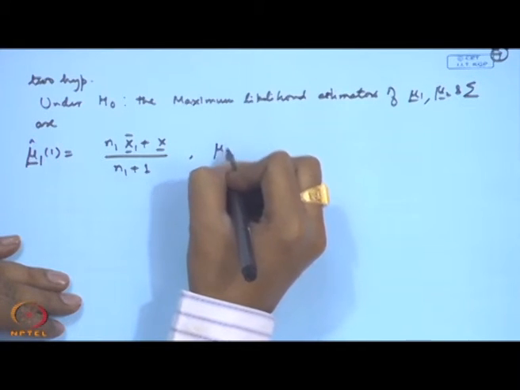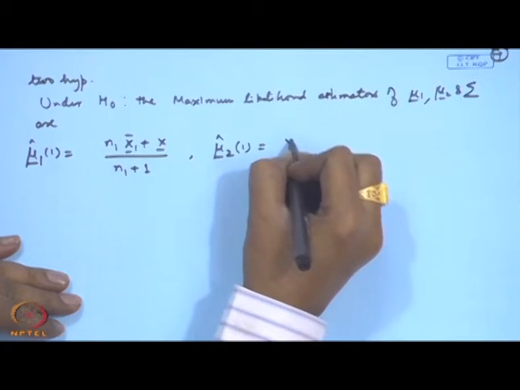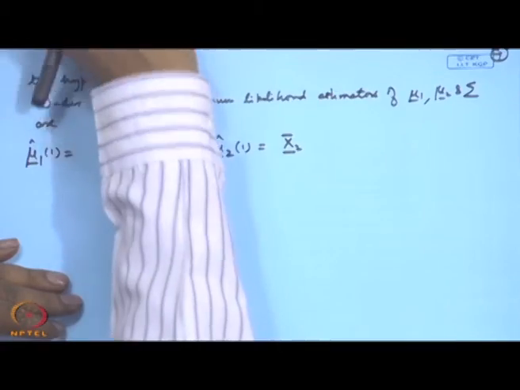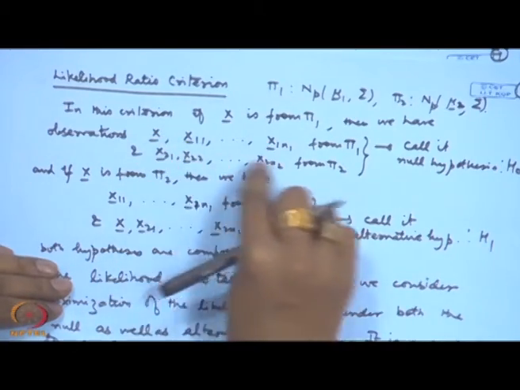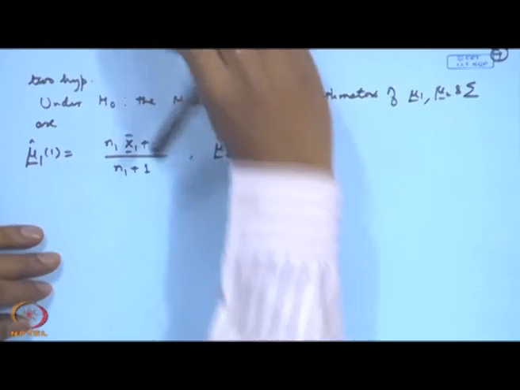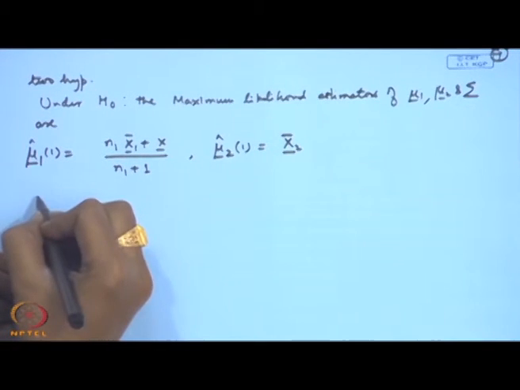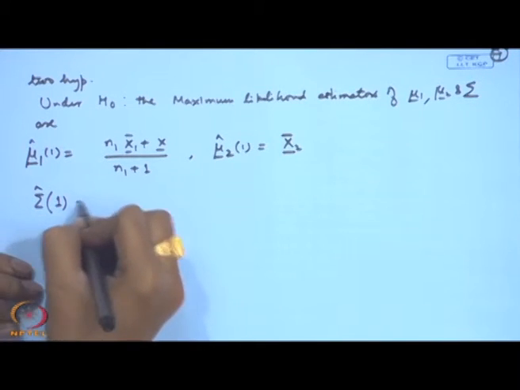For the second one, it will be simply the mean of the n 2 observations. So, in the first case it is n 1 plus 1 observations, in the second case it is n 2 observations here.